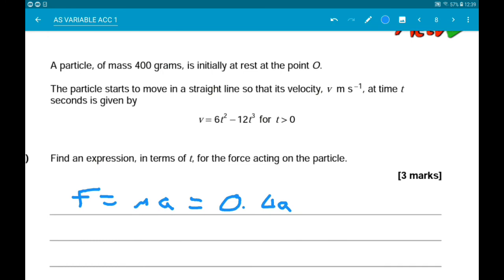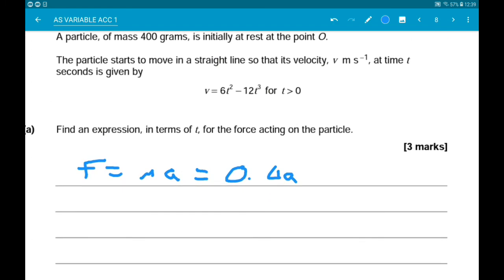Now we know that A is the derivative of velocity, so A is going to be 12t minus 36t squared.